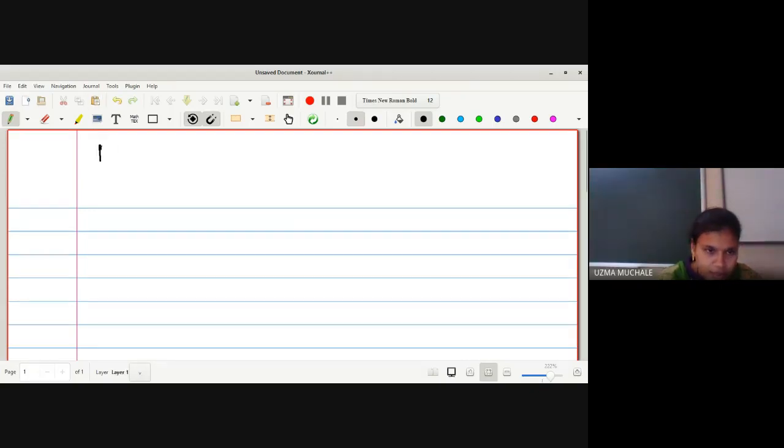Finite differences are denoted by delta. Suppose I want to write delta y naught. Have you heard this term delta y naught? How to write this delta y naught? We say it is the forward difference operator.